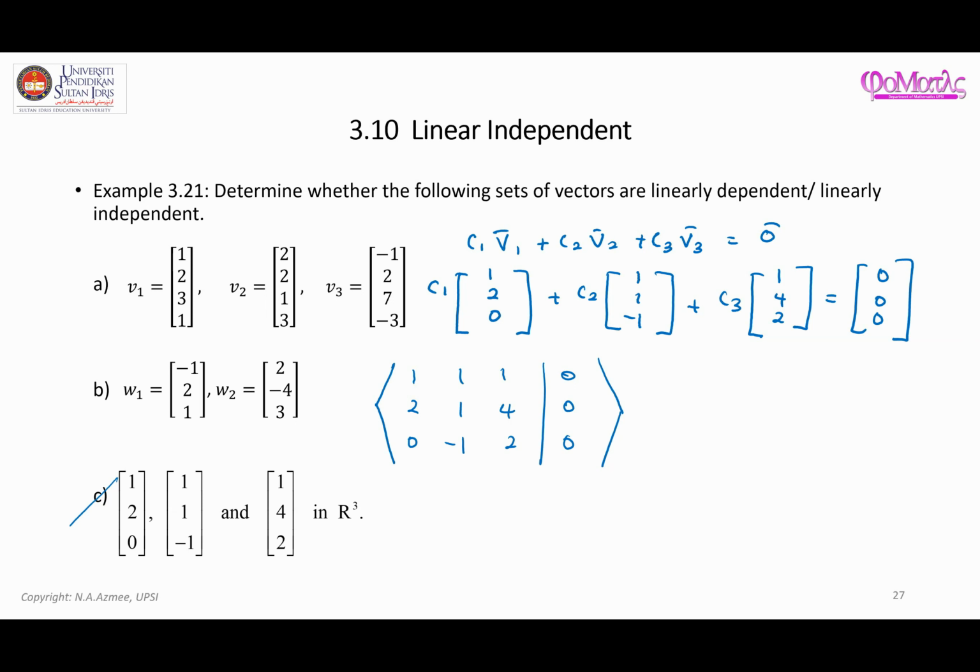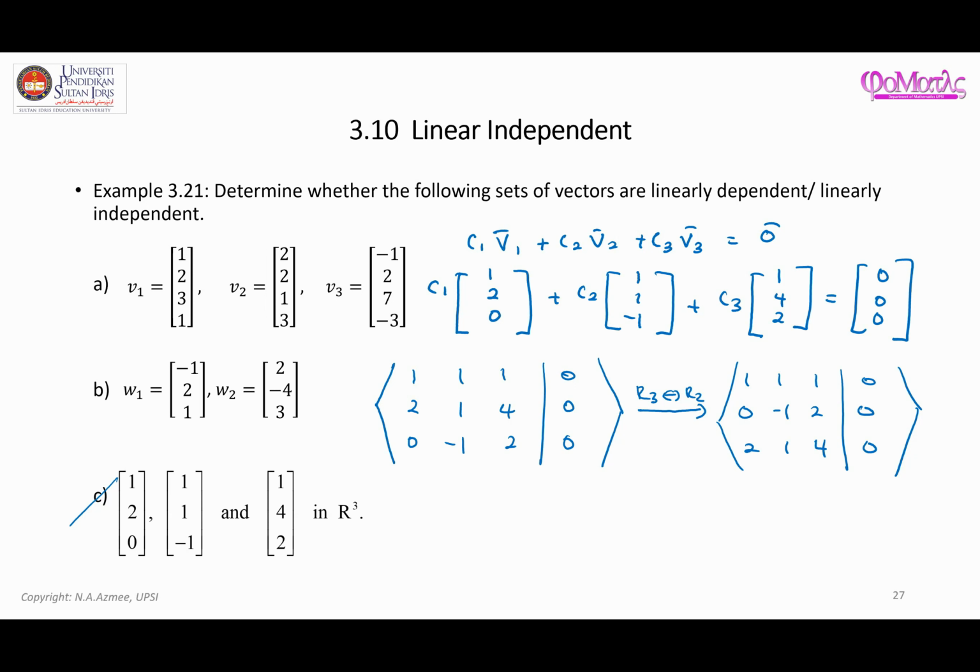I'm going to start off by exchanging the second row and the third row. So that's my starting point: 1, 1, 1, 0. The third row is at this position now, and the second row goes down.